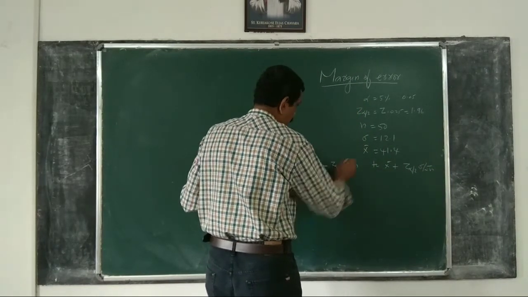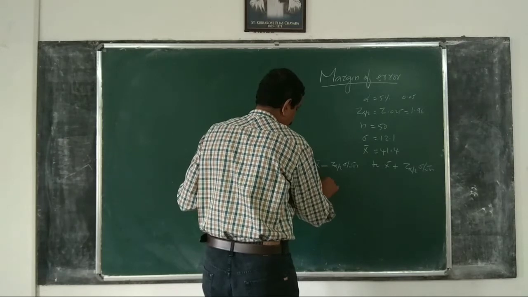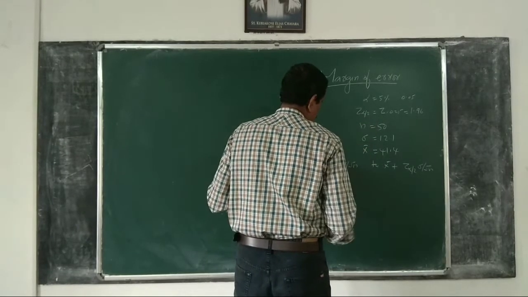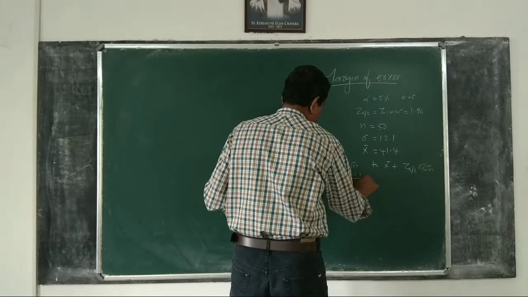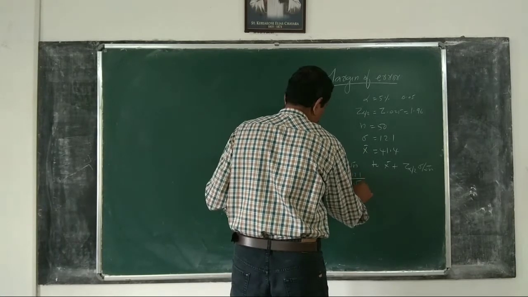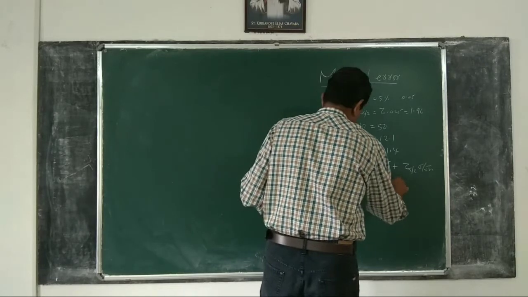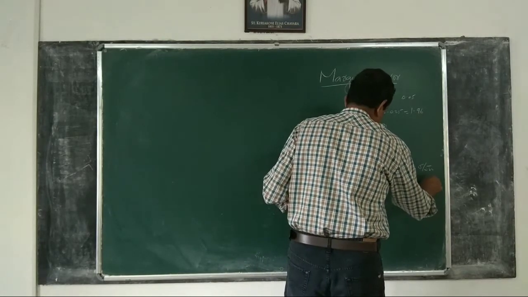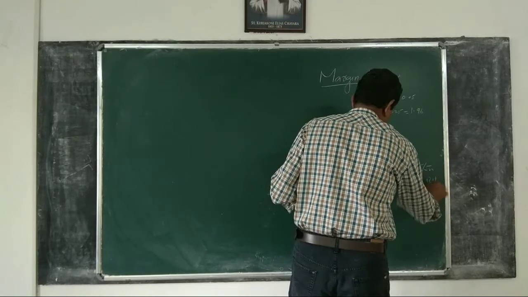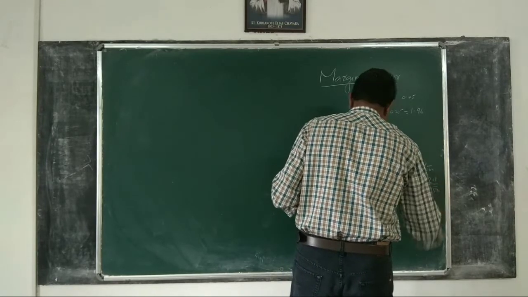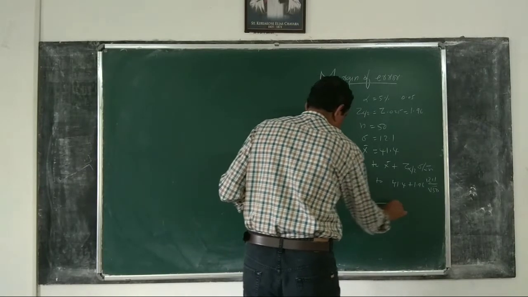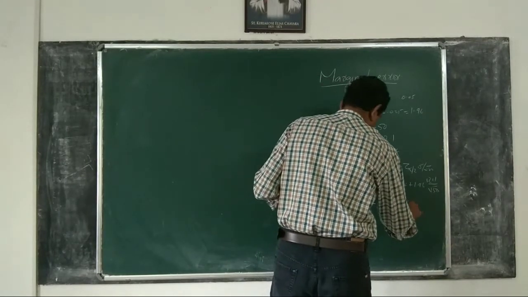That is 41.4 minus 1.96 times 12.1 by root 50, to 41.4 plus 1.96 times 12.1 by root 50. The value is 38 to 44.8.